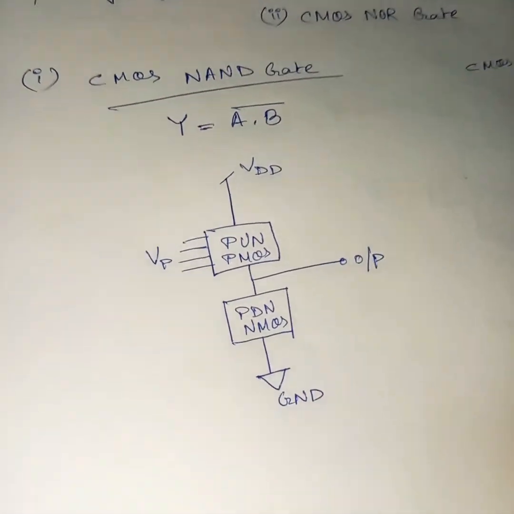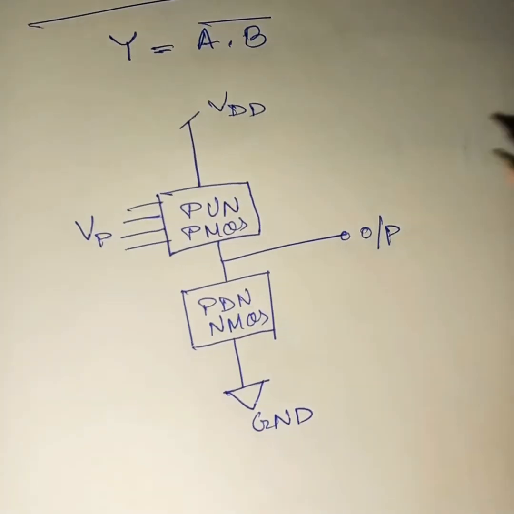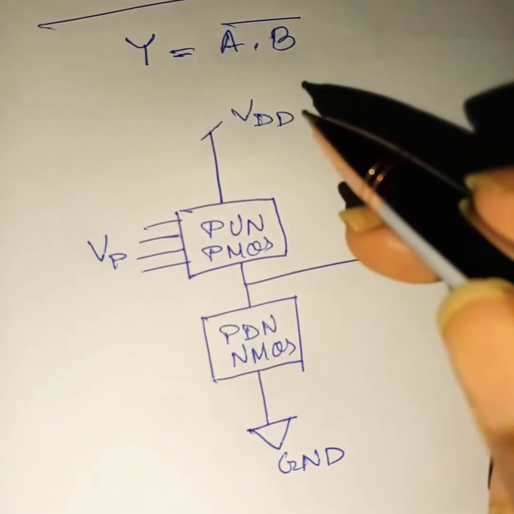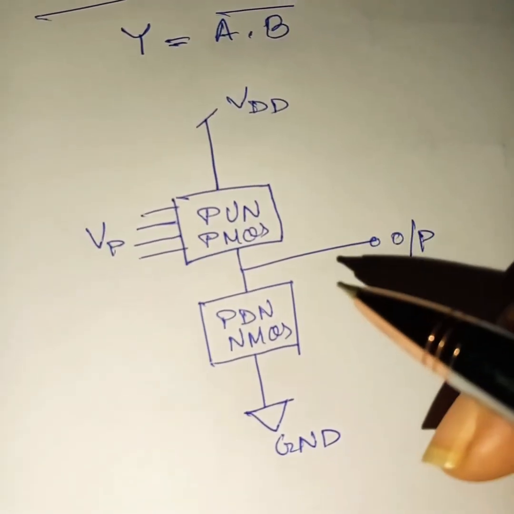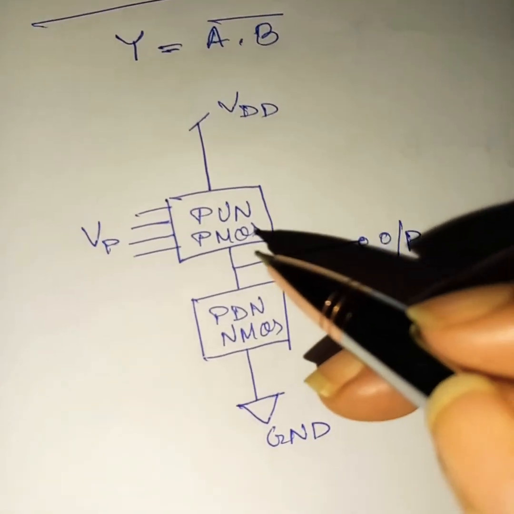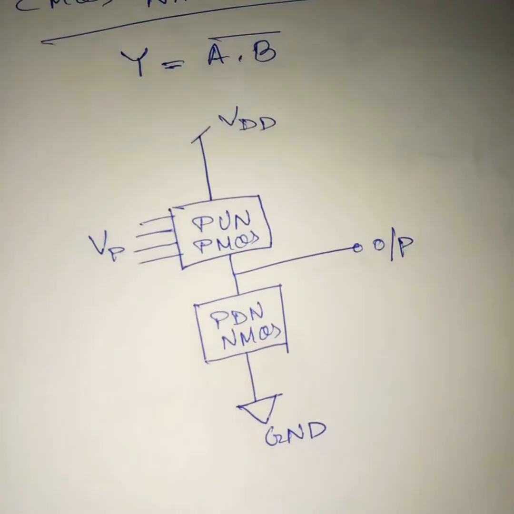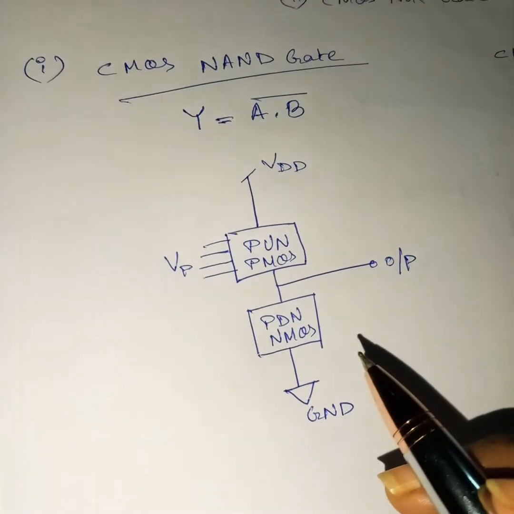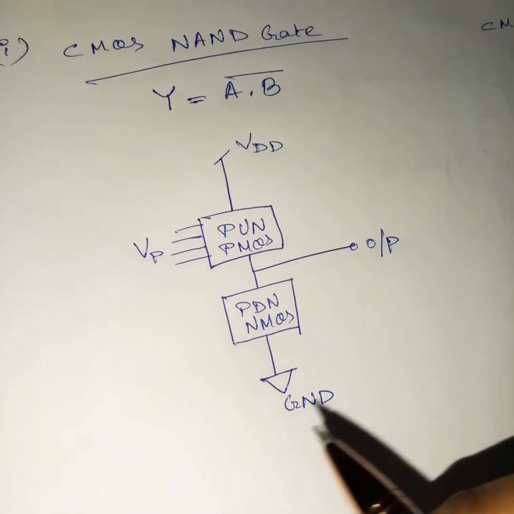So this is the main CMOS structure. So power up network should be connected to VDD, that is PMOS should be connected to VDD, NMOS should be connected to ground, and from here output should come out. Right. So with this concept only we will be doing NAND gate.